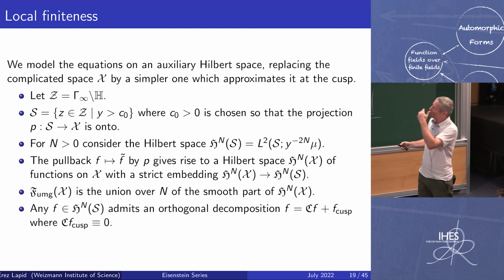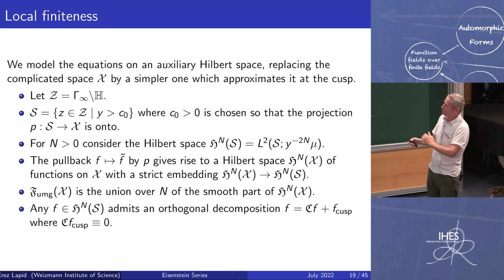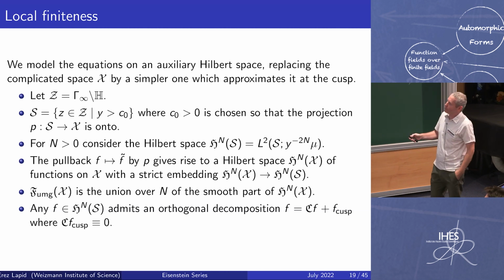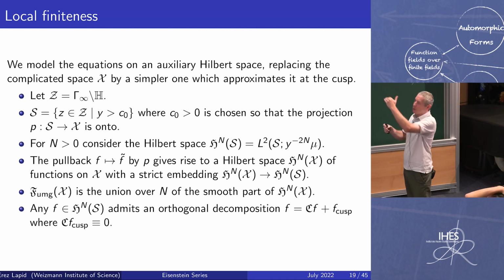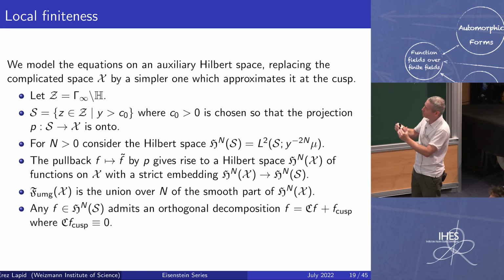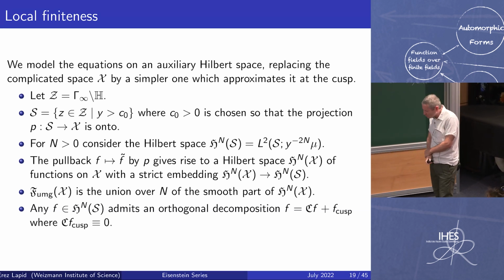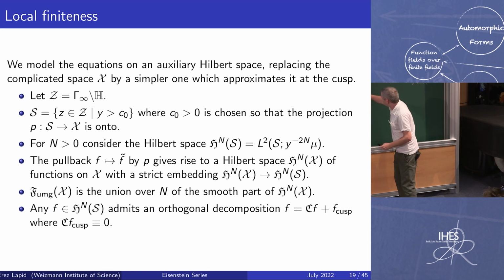And now I just truncate it from below. And I restrict the projection from Z to X to S. When I restrict it to S, then when I'm high up, this is 1 to 1. But if C0 is small enough, then this will be onto. So I kind of model my complicated space.